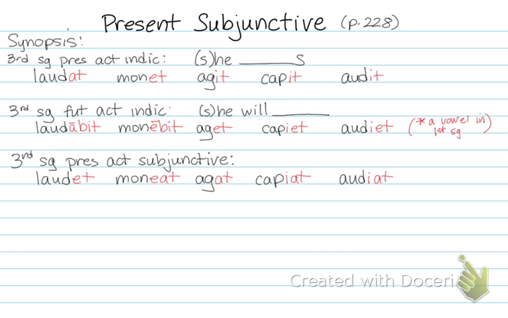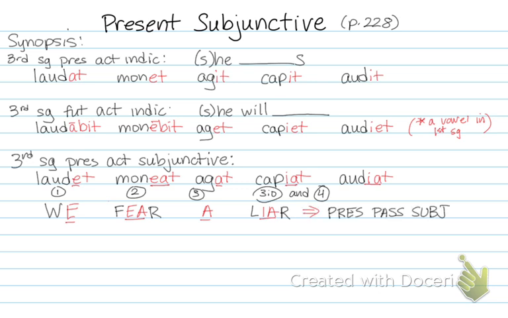If you want a mnemonic to remember them all, there's this handy little phrase, we fear a liar, where the vowels in that sentence line up to the Latin conjugations which use those vowels. So you will see that particular theme vowel in all 6 forms of the present active and present passive subjunctive. You can look at the whole chart on page 228.